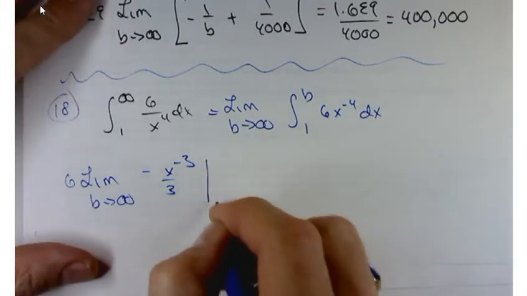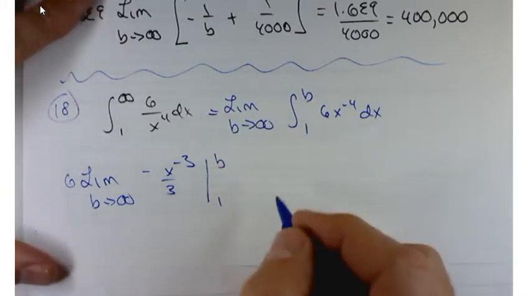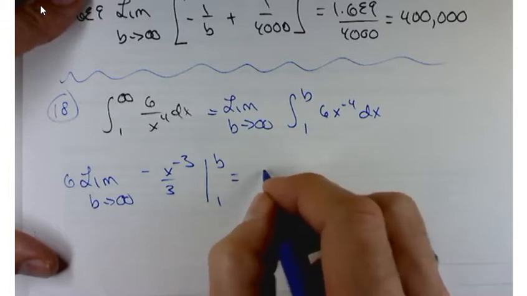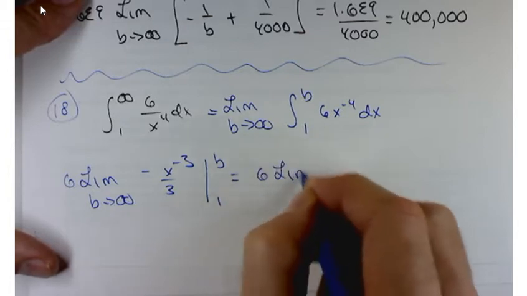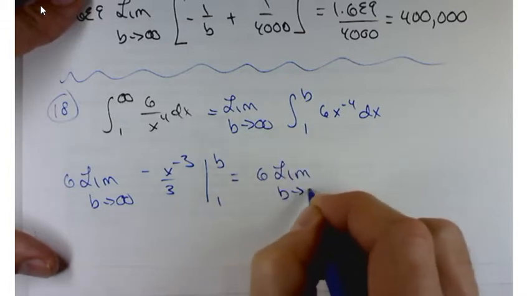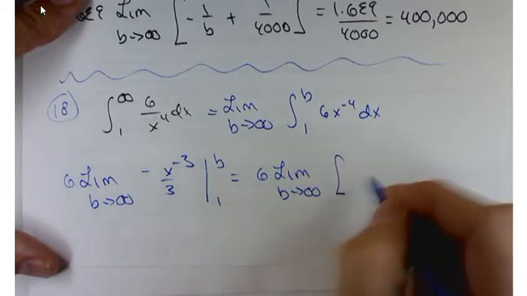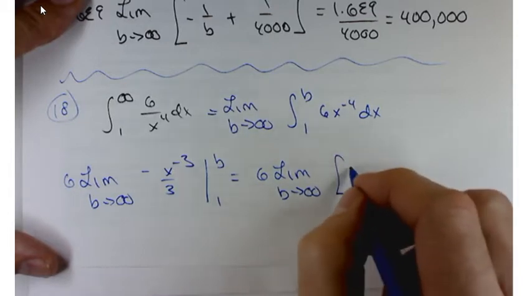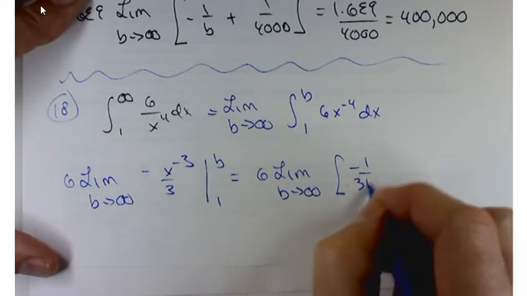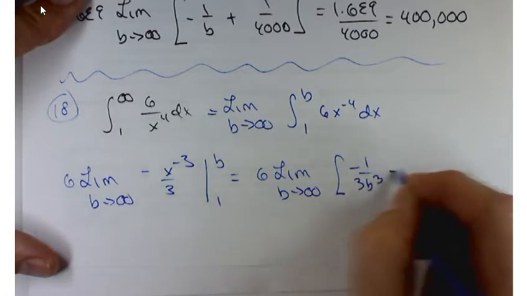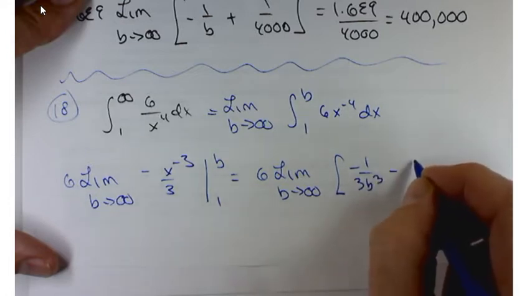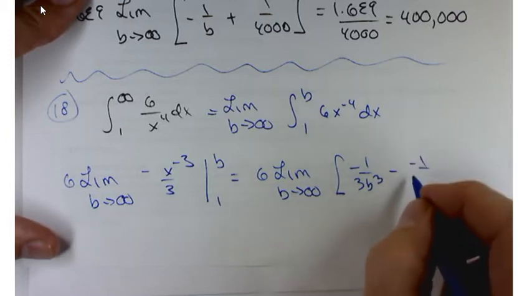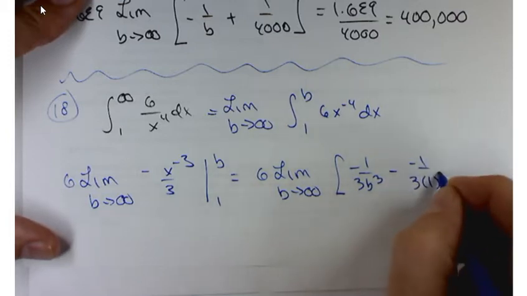And that's between the limits of 1 and b. Or in other words, 6 times the limit as b approaches infinity of negative 1 over 3b cubed minus negative 1 over 3 times 1 cubed.